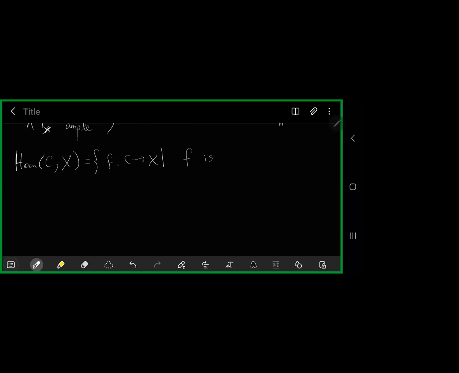It means that it pulls back algebraic functions to algebraic functions. This is a set. You can put a topology on it, and in fact, it's going to be an algebraic space.